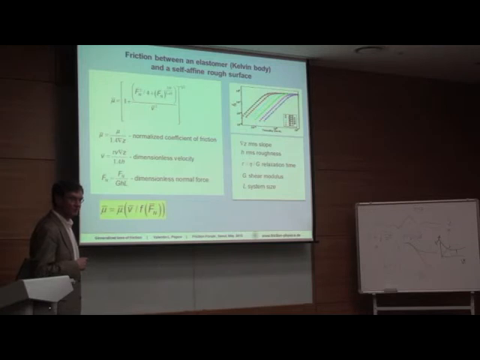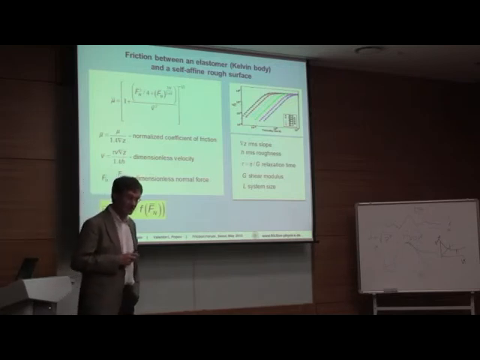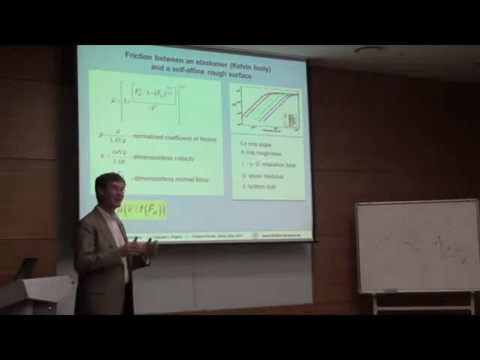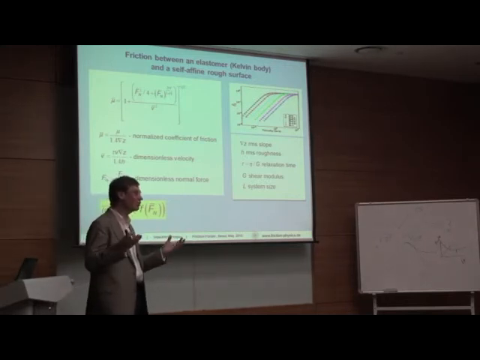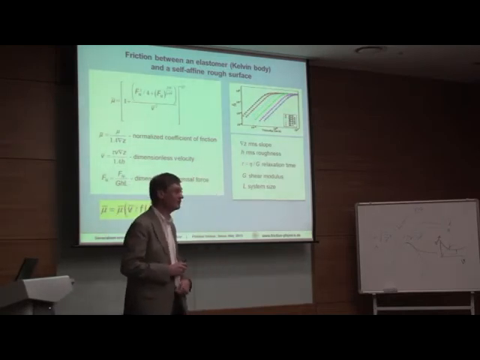And what is the material of the other bit? In this case, the materials are the elastomer and the rigid, rough body. It can be everything. It can be steel, aluminium, everything which is considerably harder than rubber, the elastomer.